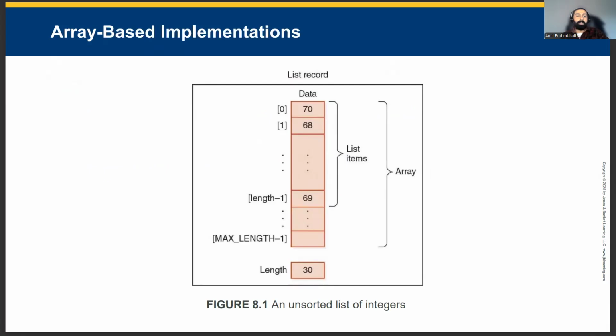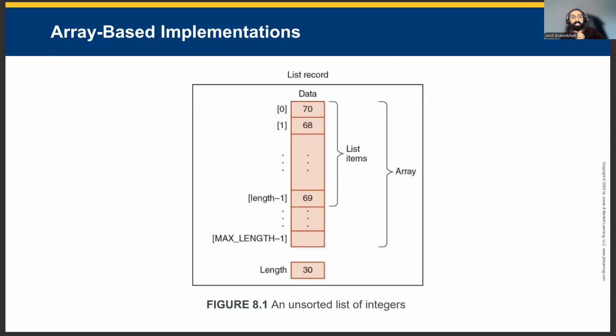Now, array-based implementation. Here we see an unsorted list of integers stored using an array. In an array-based implementation, all elements are placed in contiguous memory. This allows very fast access by index, which is one of the key advantages of arrays.